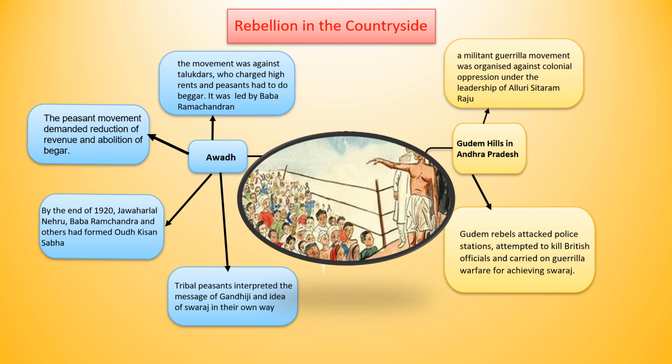Now let's see what happened in Gudem Hills. Tribal peasants gave their own interpretation of Mahatma Gandhi and the idea of Swaraj. The tribals were prevented from entering the forest to graze cattle or to collect fruits and firewood. A militant guerrilla movement was organized against colonial oppression under the leadership of Alluri Sitaram Raju.